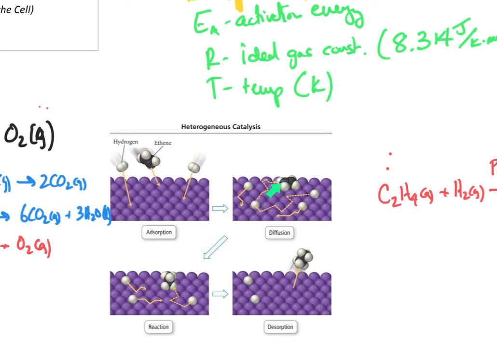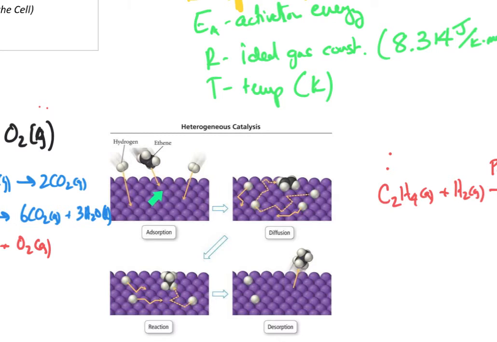It basically puts the molecule in the right orientation, and then when a hydrogen finds it, it can react with it. So we get adsorption first, then we get diffusion of these adsorbed gas molecules along the surface. They'll find each other and react, and then boom, they'll pop off and desorb.